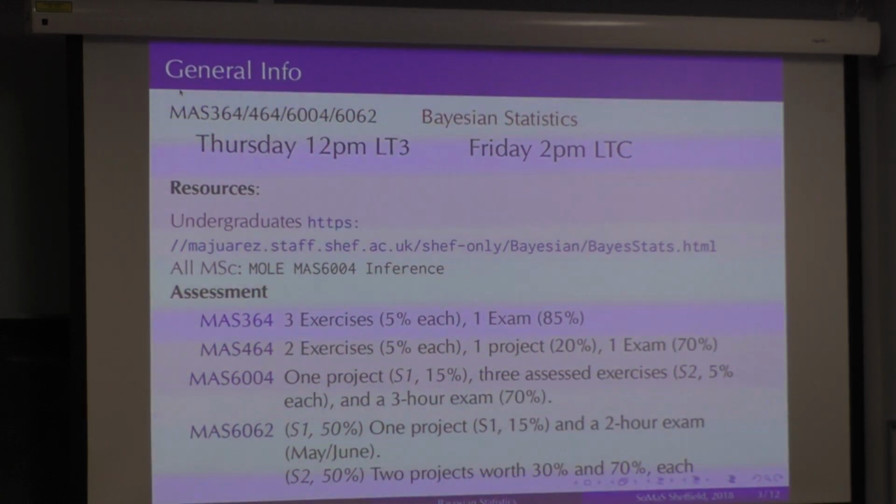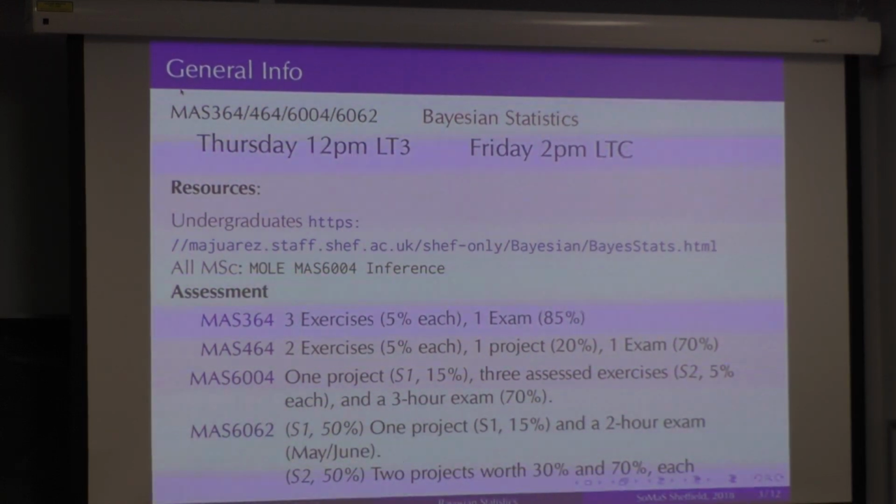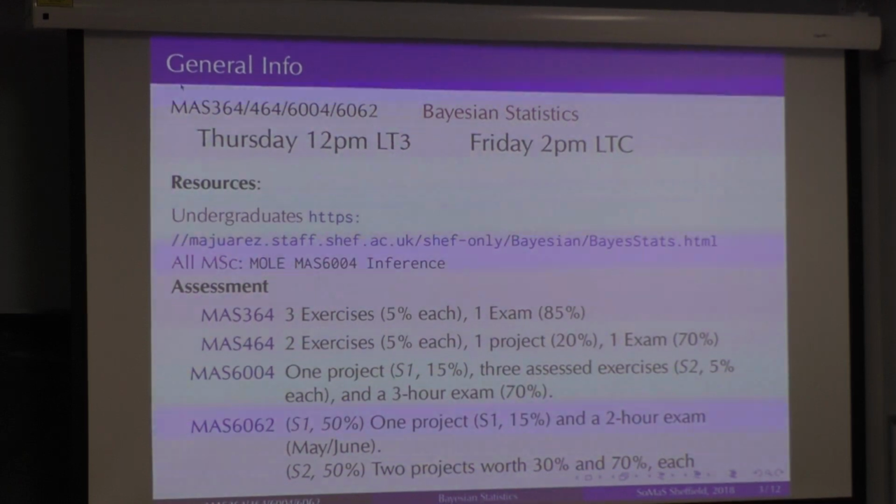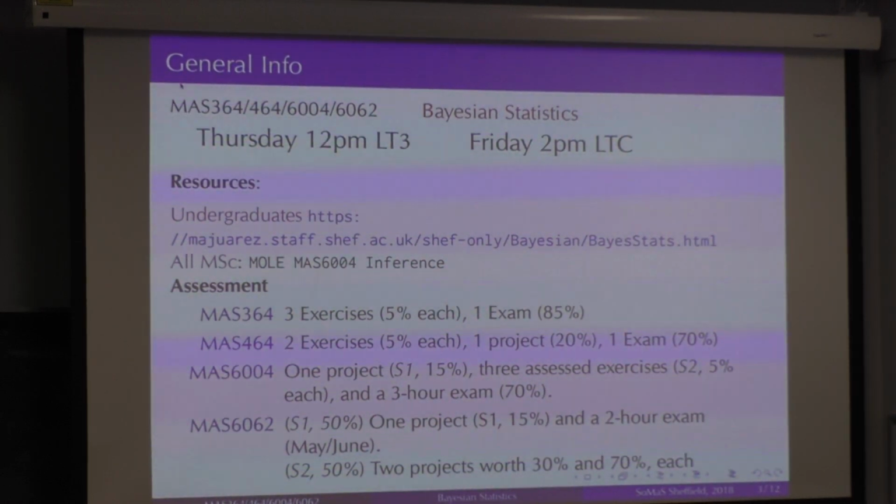Each one is worth 5%, and then you will have 1 exam at the end of the semester worth 85%, okay? Exercises are usually quite simple, so I strongly suggest that you have a go and submit them, because that's almost 15 points for free, 15 marks for free. So please do it.